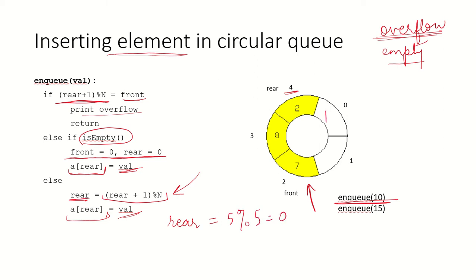So 10 would be coming over here. Again we want to NQ 15. So again rear would be rear 0 plus 1, which is 1 modulus 5, and it will give us 1. So 15 would be inserted here, and rear would come finally over here.